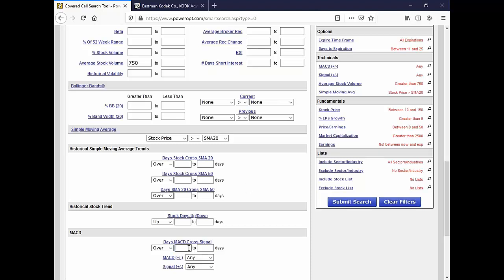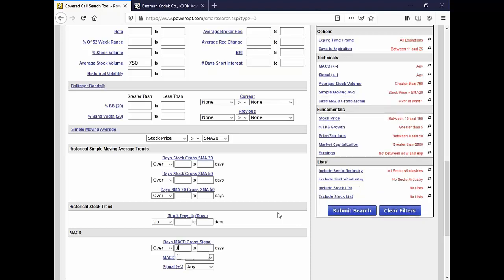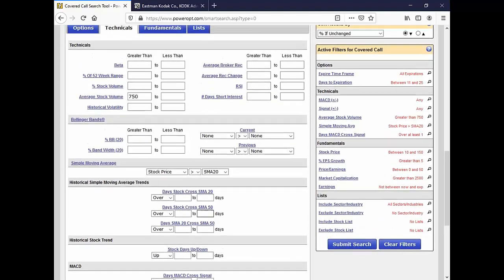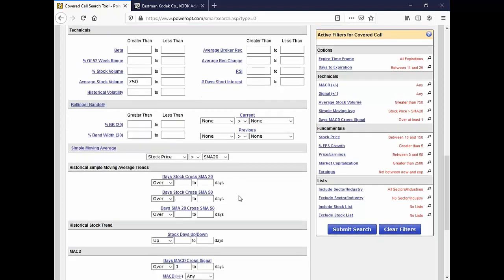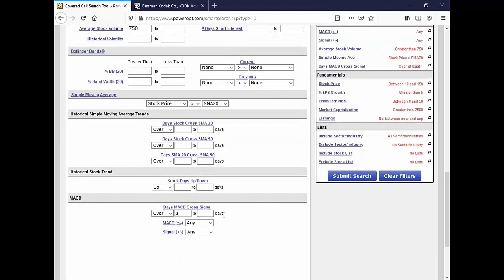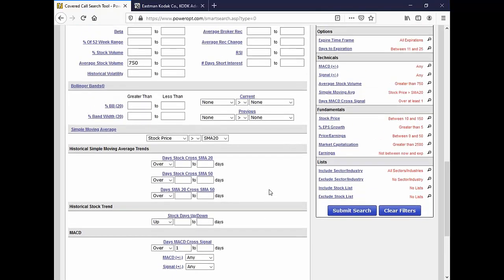And I may even look for stocks, this is going to kill a lot of results, that at least have a positive MACD, where the MACD has crossed the signal line by at least one day. These three here are a lot of the ones that I use for the weekly bull put credit spread screen: the SMA, average stock volume, of course avoiding earnings, and the MACD crossover.